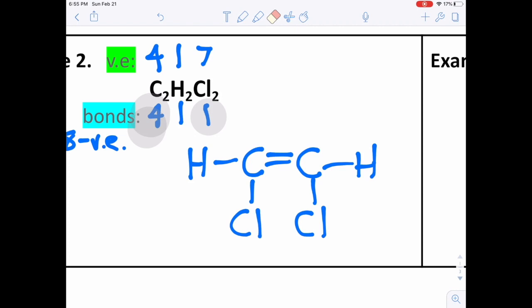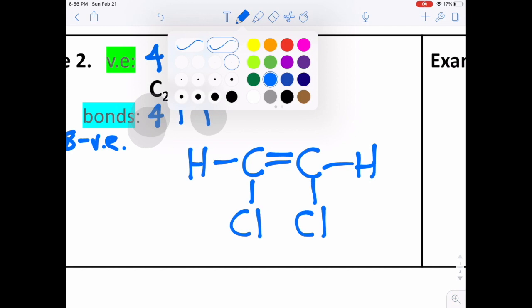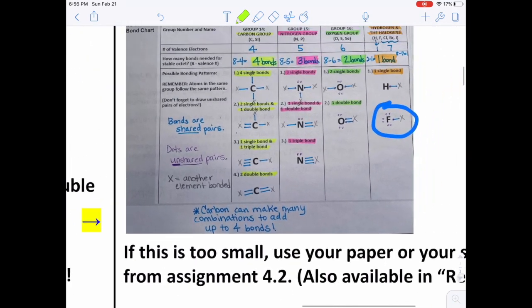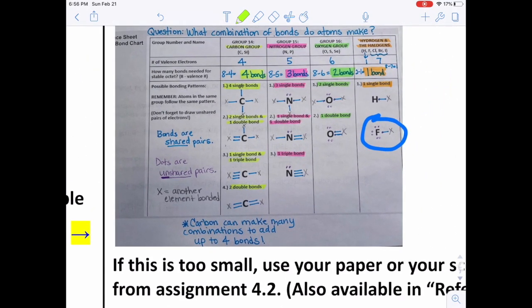And now if you want to check the visual way, it's a bigger molecule, so you have to kind of zoom in and look at one part at a time. If I look at this carbon, does it look like one of my options in the bond chart? And when I look, it does look like, again, 2 singles and a double.